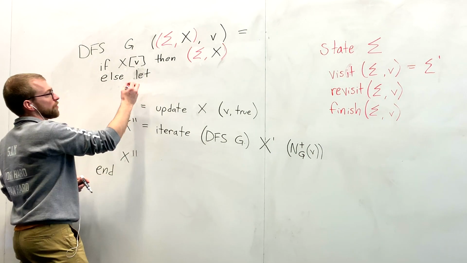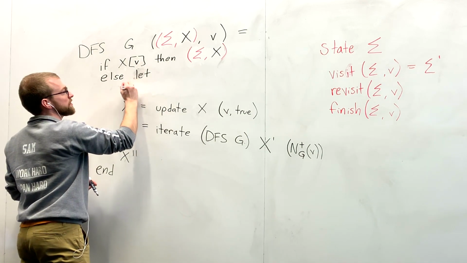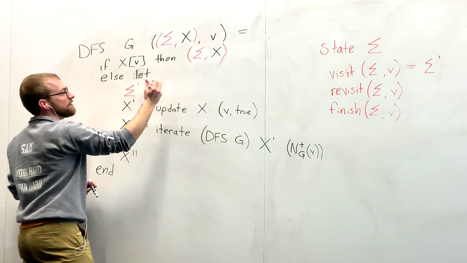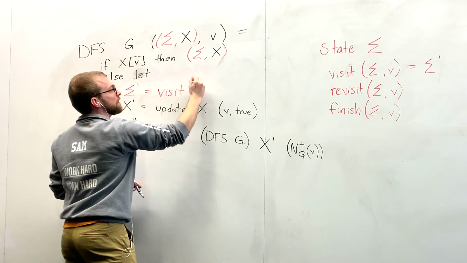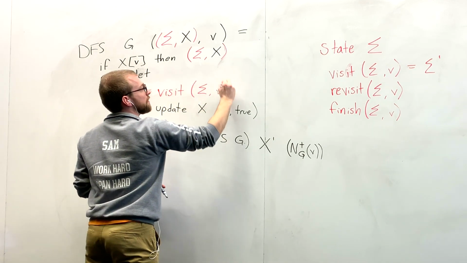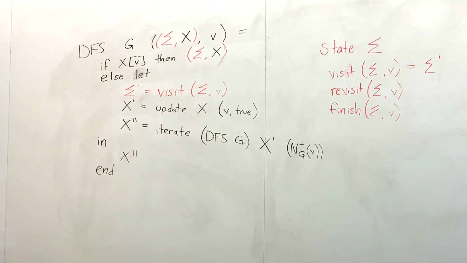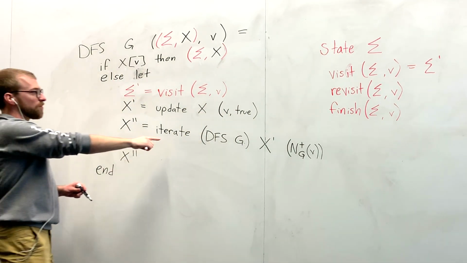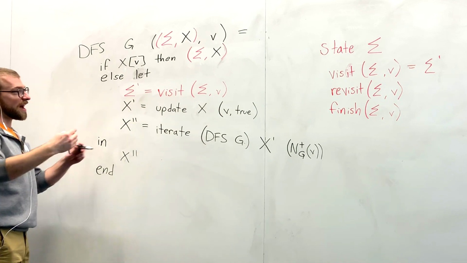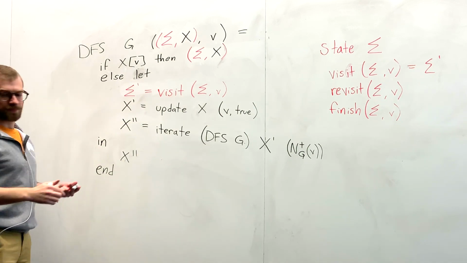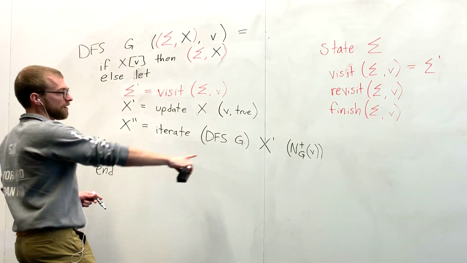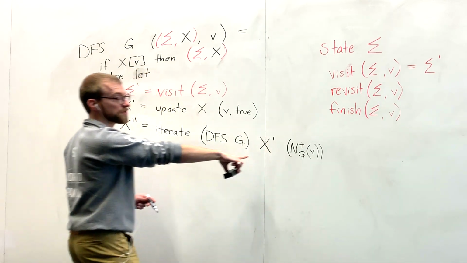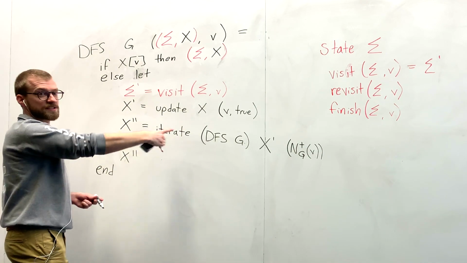But now, if we actually need to visit a vertex, we can do that by updating the state, by visiting that vertex. And now when we iterate over all of the neighbors, we have to iterate the state parameter as well. And we can do this by just making sure that we change what the initial value is that we pass to the recursive calls.